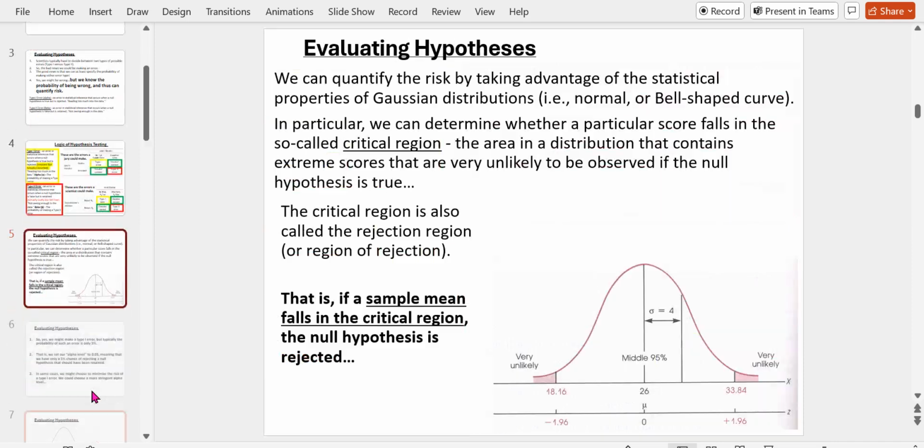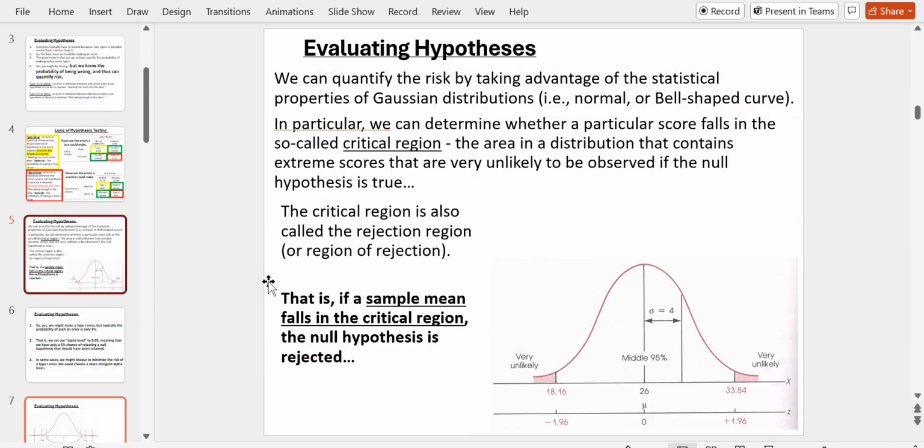Let's go. So, evaluating hypotheses, we can quantify the risk by taking advantage of the statistical properties of the Gaussian distribution. In particular, we can determine whether a particular score falls in the so-called critical region, the area in the distribution that contains extreme scores. This is a two-tailed test, but it can be one-tailed, one-tailed negative, or one-tailed positive.